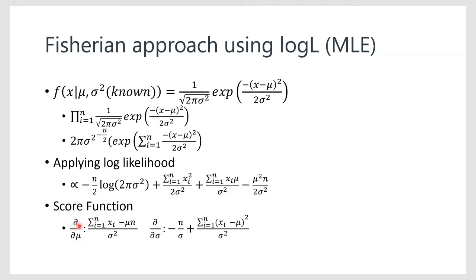For mu, we make the partial derivative of this function to obtain the function of the mu parameter. And we did the same to obtain the function of the sigma parameter. And we obtain this and this result.